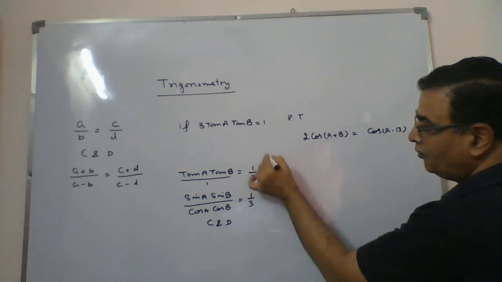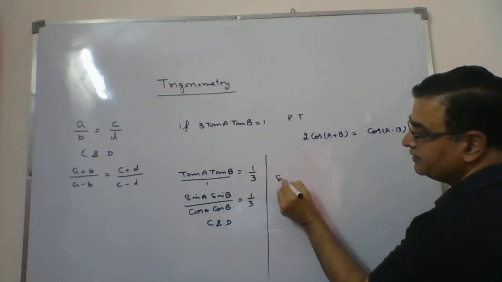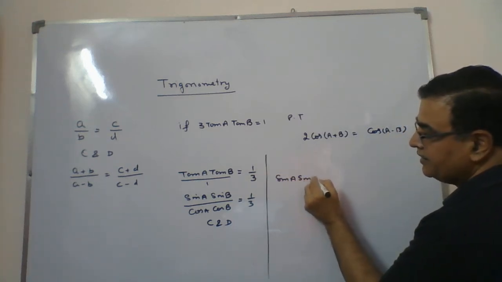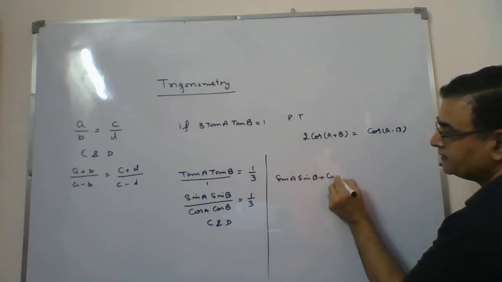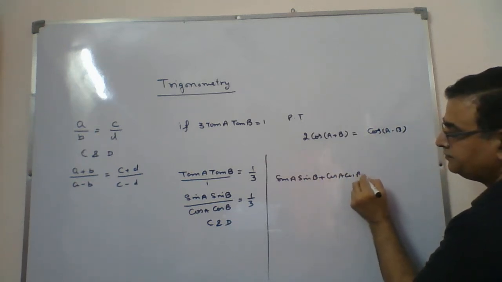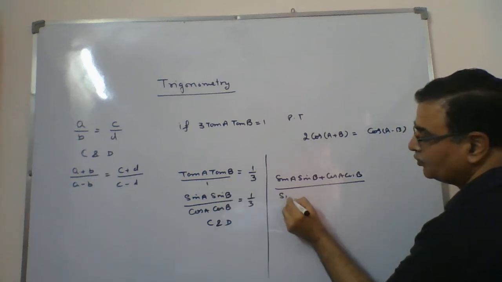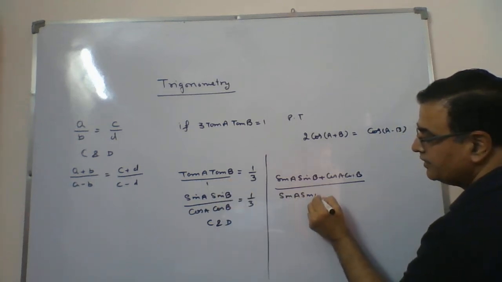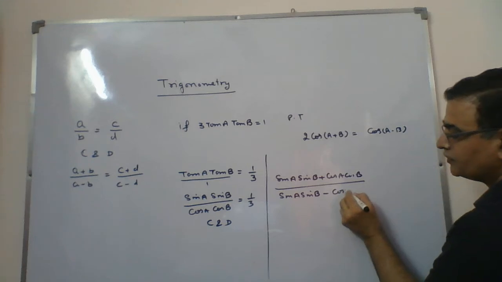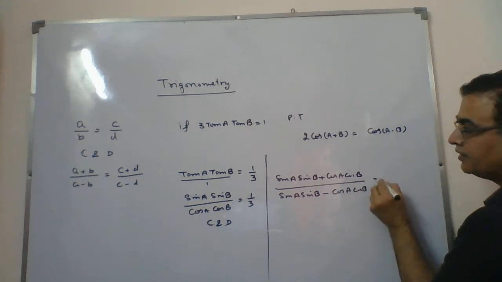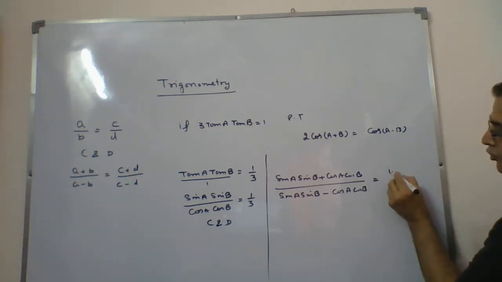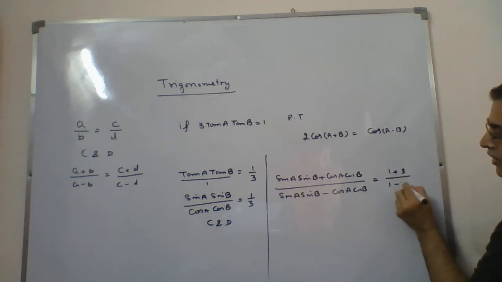When you go for componendo dividendo, what comes? Sin A sin B plus cos A cos B, that is numerator plus denominator, and here it comes out to be sin A sin B minus cos A cos B. And here it will come out to be 1 plus 3, and this is 1 minus 3.